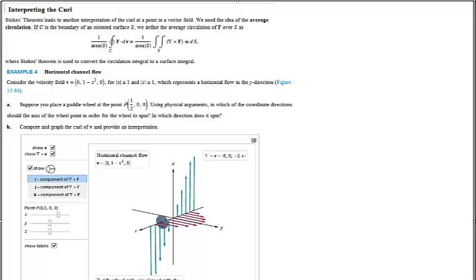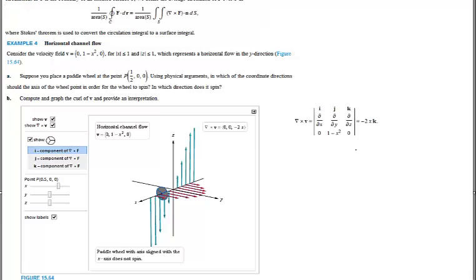But if the axis of the wheel is aligned with the y-axis, the flow strikes the face of the wheel, and it still doesn't spin. If the axis of the wheel is aligned with the z-axis at P, the flow in the y direction is greater for x less than a half than it is for x greater than a half. Therefore, a wheel located at 1/2, 0, 0 spins in a counterclockwise direction if you're looking at it from above.